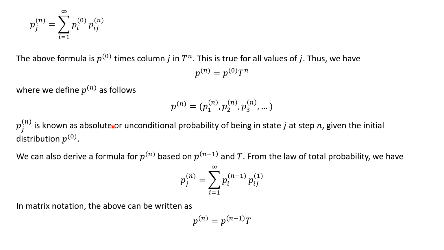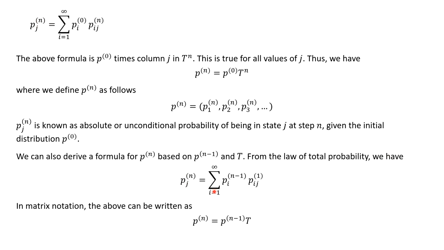This P sub j n is also known as the absolute or unconditional probability of being in state j at step n, given the initial probability distribution P superscript 0. And then we have another similar equation. We can also derive Pn from Pn minus 1 using the law of total probability.